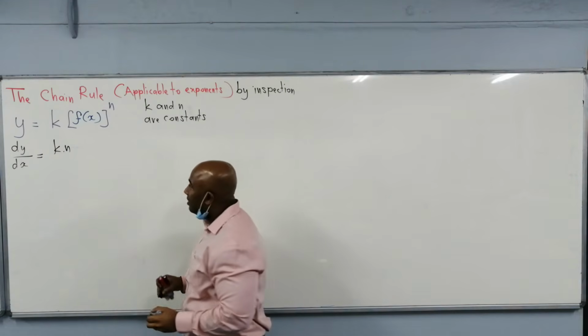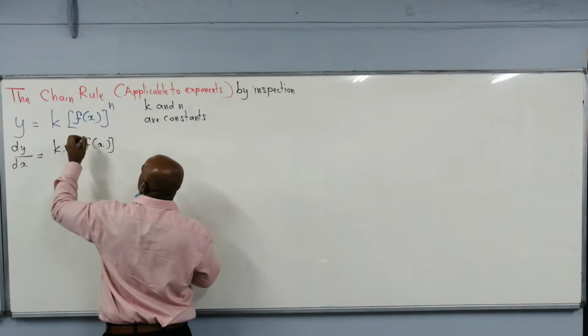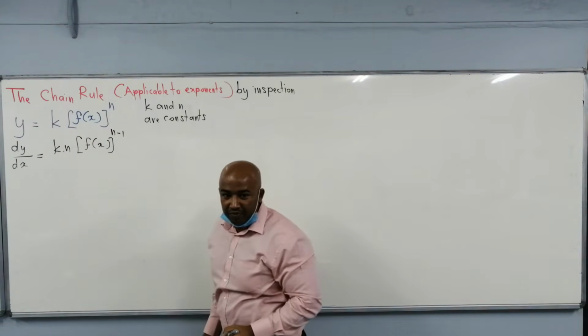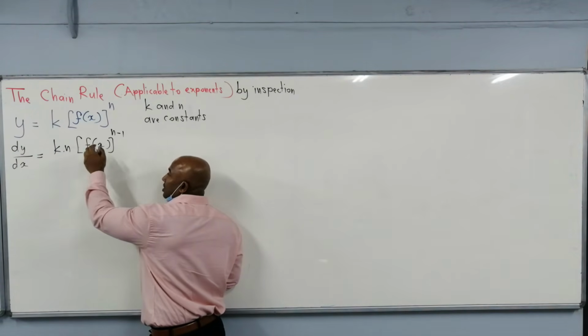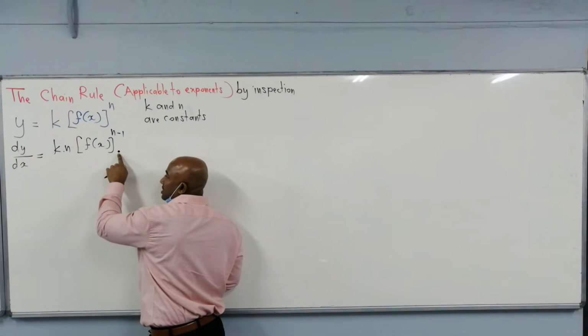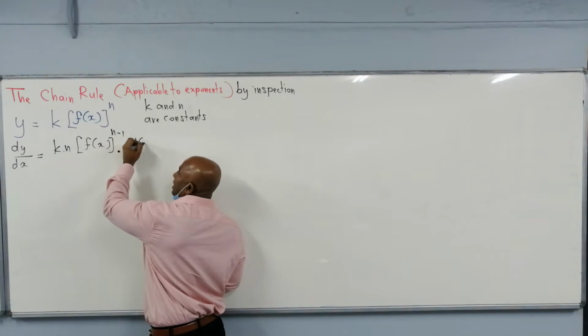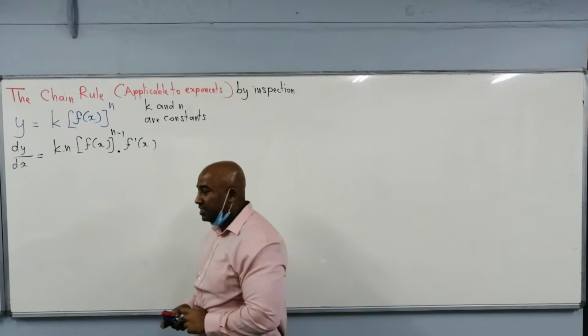Can you see that? Then you got your f of x, whatever's inside here. You take the power and you subtract 1. But now, remember there's an f of x. So whenever there's an f of x, I need to times and differentiate this and write down my answer outside. So you're dealing with a function of a function here.